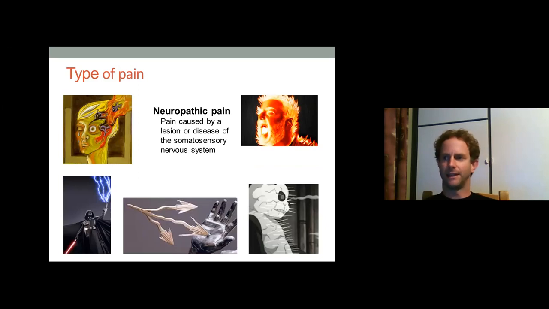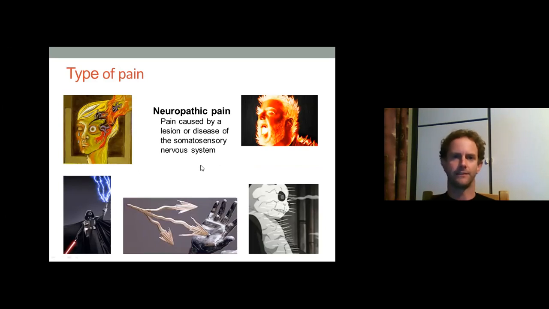Neuropathic pain tends to be a bit harder for patients to understand. The definition of neuropathic pain is pain that's caused by lesion or disease of the somatosensory nervous system. And the patient will often say that they have burning pain, stabbing pain, lancinating, electric shocks, pins and needles. That's slightly different to nociceptive, obviously, but these things often overlap.